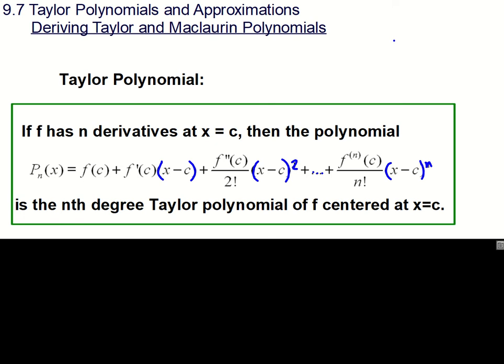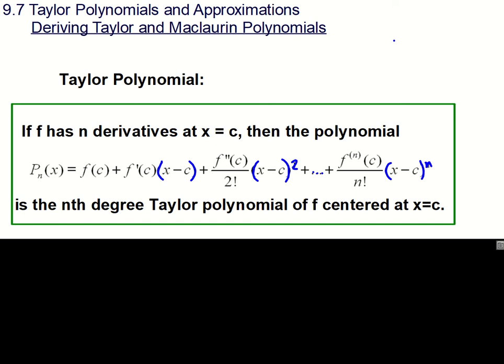We say that this is centered at x equals c because, thinking about Algebra 2 and the shift that would have been made to this polynomial, making those all factors of x minus c means the function has been shifted to the left or the right, depending on what c is. So the function has been shifted to c, and so that's why we would be centering that at x equals c.